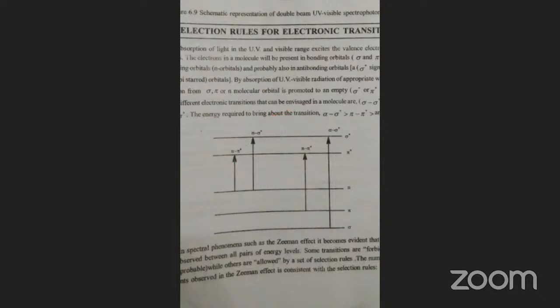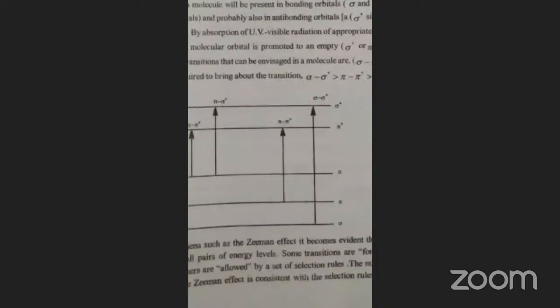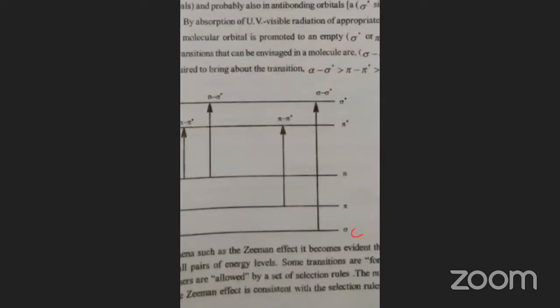Look at this. This is the sigma orbital, pi, n, pi star. This is sigma star.